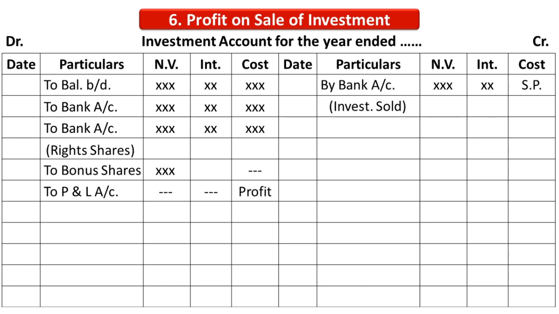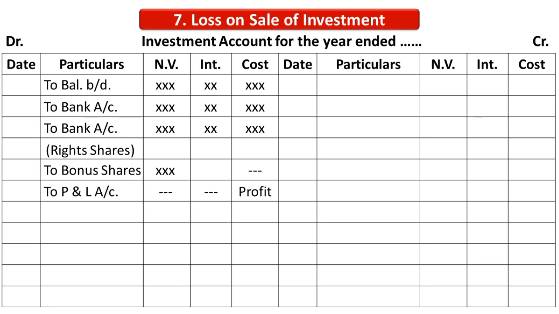Now suppose if you suffer loss on sale of investment, again first of all we have to give the effect of sales first, cash bank comes in, therefore investment account on credit side by bank account by giving the amount in respective columns, and the loss on sale of investment is to be credited to investment account by transferring to profit and loss account as by profit and loss account, and the amount should be written in the column of cost.